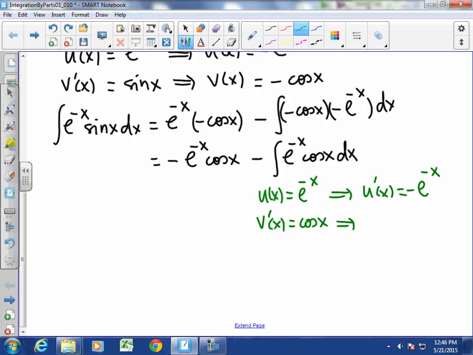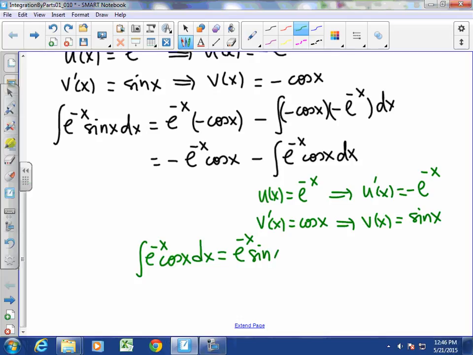That means v of x, what function has derivative cosine? It is sine x. So the integral of e to the negative x cosine x dx is equal to uv, that means e to the negative x sine x, minus the integral of v, sine x, times negative e to the negative x dx.